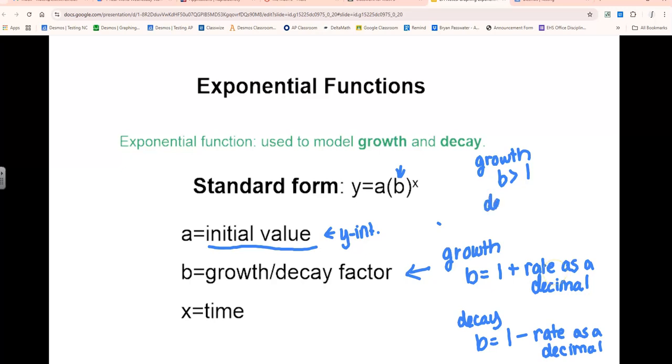For decay, B is going to be less than 1, but specifically it's going to be between 0 and 1. It can't be below 0 or it's negative and then weird things start happening. Like if you buy a car and it's losing money, it can't be worth less than 0, right? It's going to stop at 0. You might have a worthless vehicle, but you don't have something that's worth negative money to you.